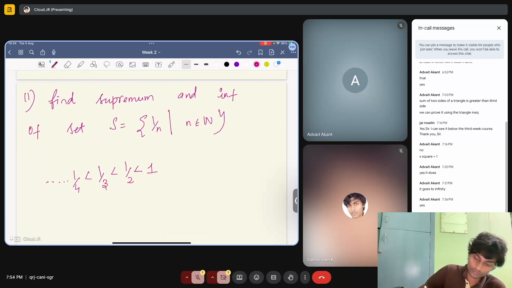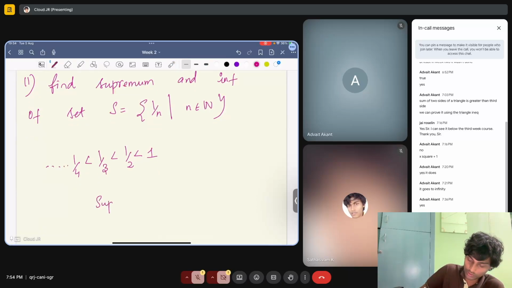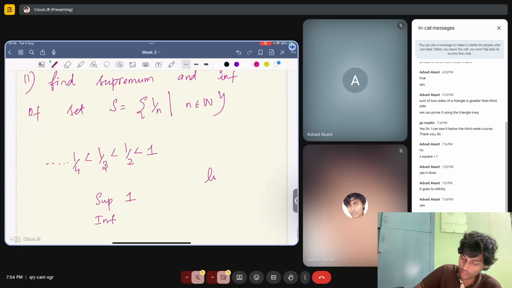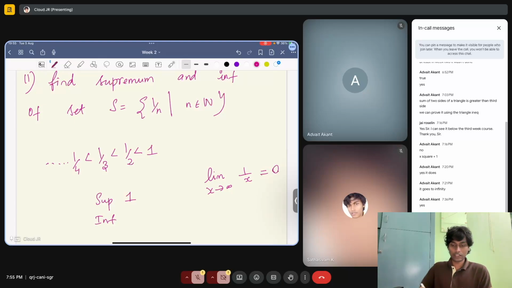So the supremum is 1, and the infimum, if you look at the limit as x extends to infinity of 1 by x, that limit is basically 0.